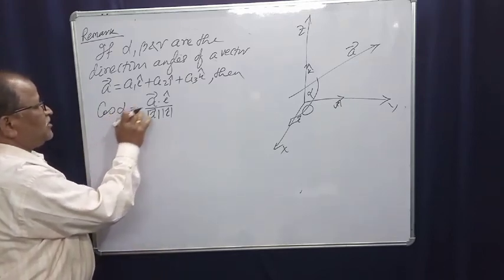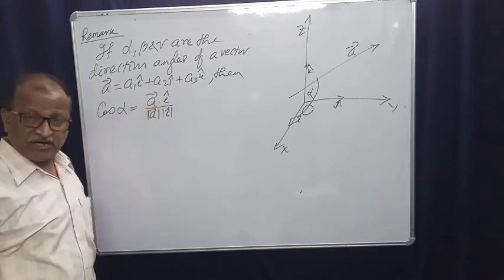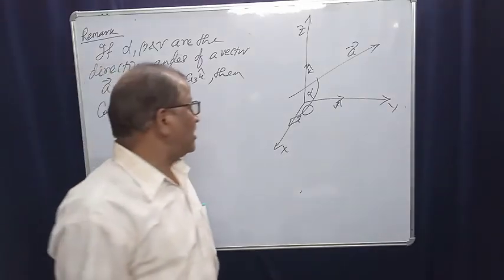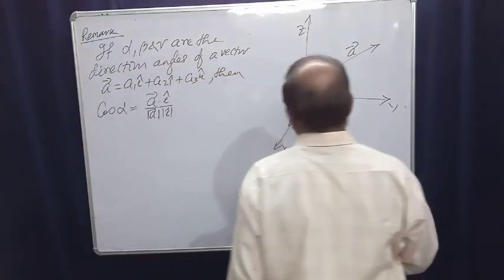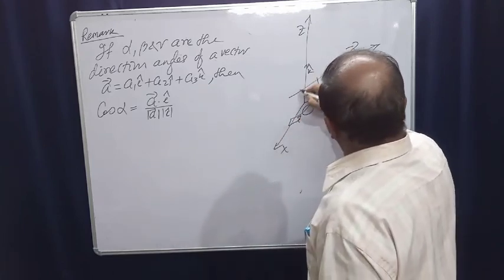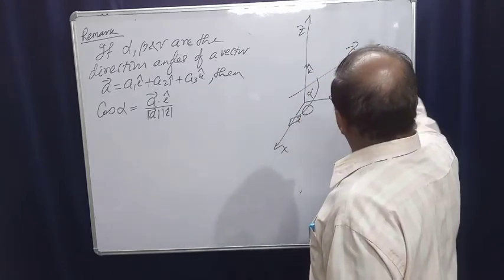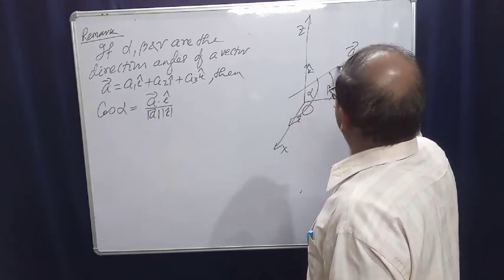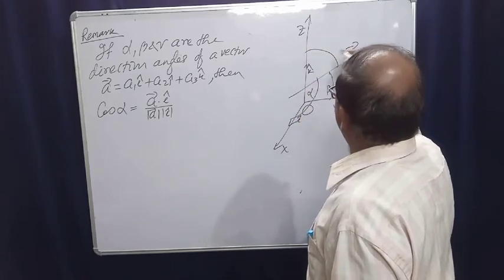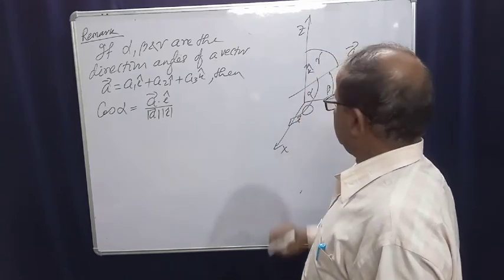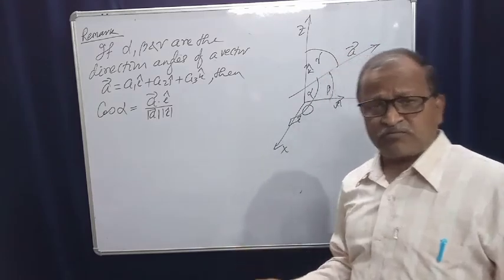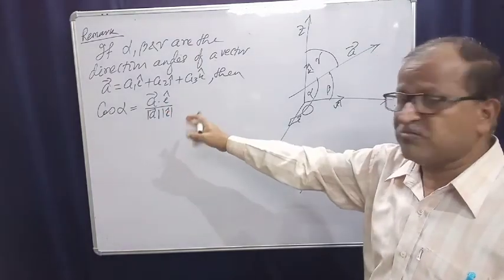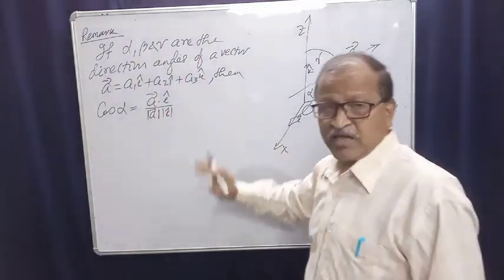Alpha, beta, gamma are the direction angles. That means the inclination of A with the x-axis is alpha, with the y-axis is beta, and with the z-axis is gamma. So from the scalar product, cos alpha is A dot I cap by magnitude of A into magnitude of I cap.